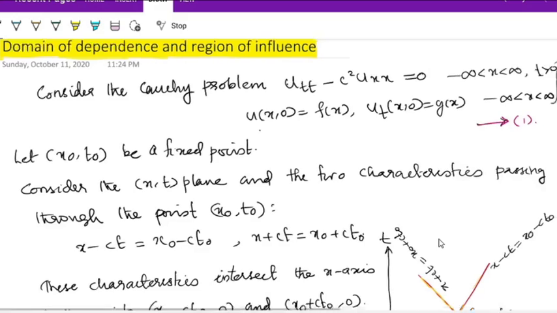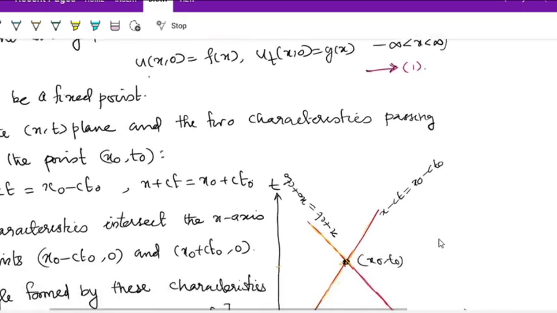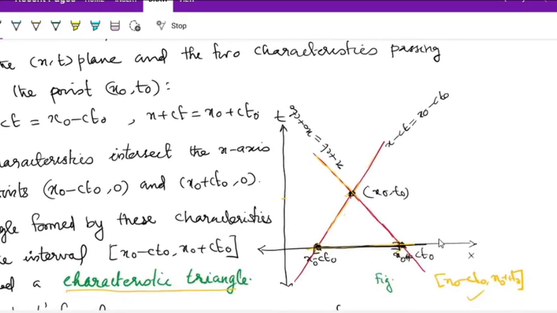This can be seen in the figure. The two red lines represent the two characteristics: x plus ct equal to x0 plus ct0 with the negative slope, and the line x minus ct equal to x0 minus ct0 with a positive slope, and (x0, t0) is the point.